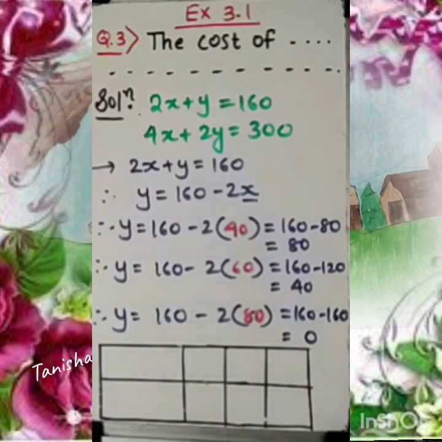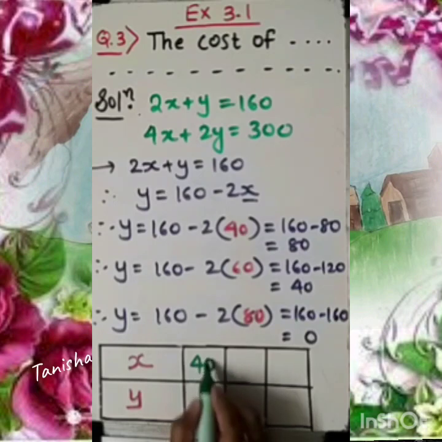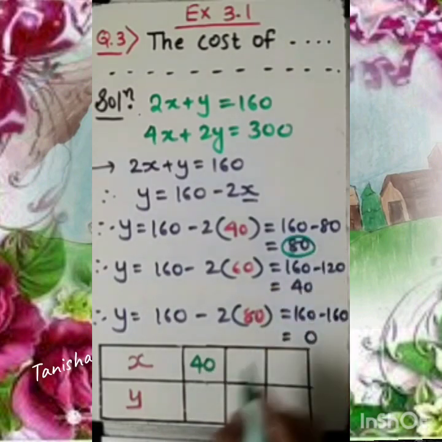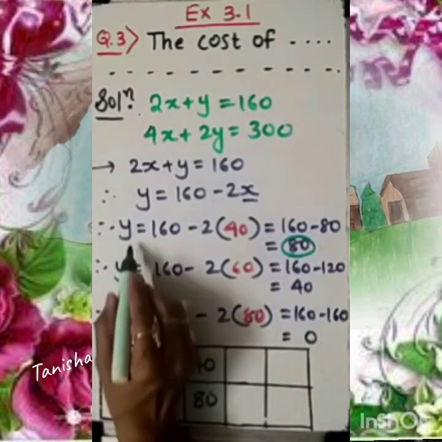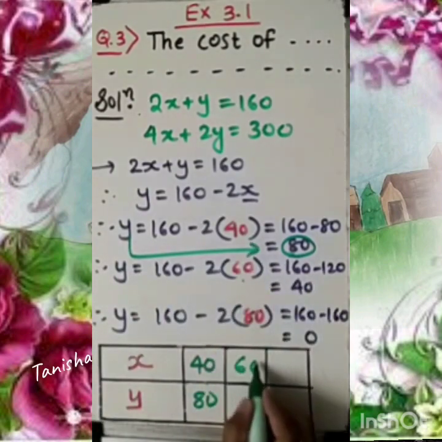Now first I need to mention this is x, as I know. So I'm writing here x. This is y. Which value of x have we chosen first? We chose 40 and we got the answer 80. For y the answer is 80. Here I chose 60, right?